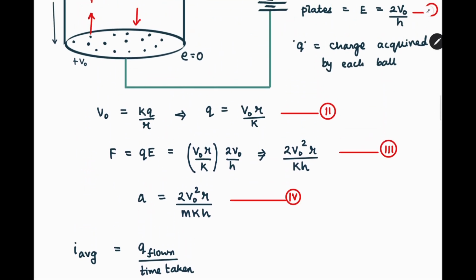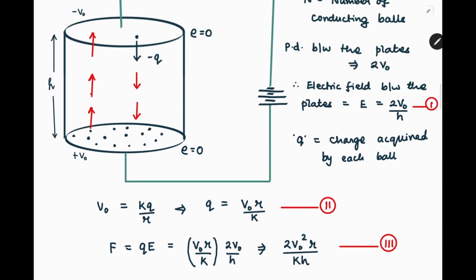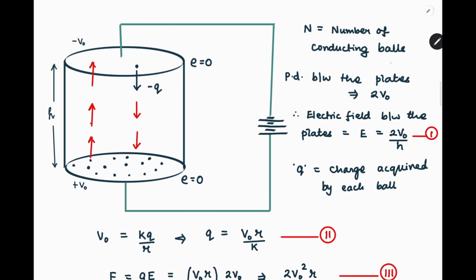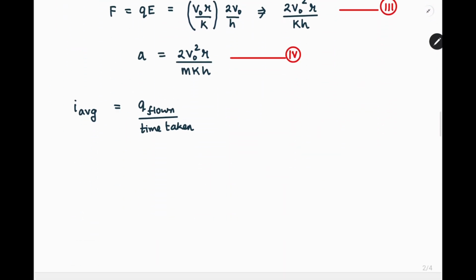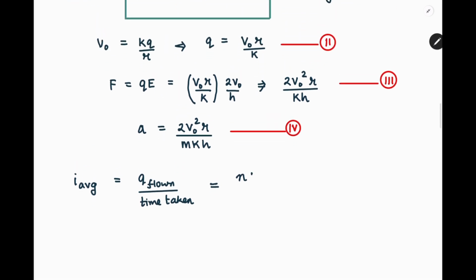The charge on each ball is Q, which we acquired as V naught R by K, and we are considering that a small n number of conducting balls are flowing, so it will become n times Q, that is n V naught R by K. Although this number n is not mentioned in the problem, neither is it asked in the solution aspect. So we need to give a value of current in terms of voltage V naught.